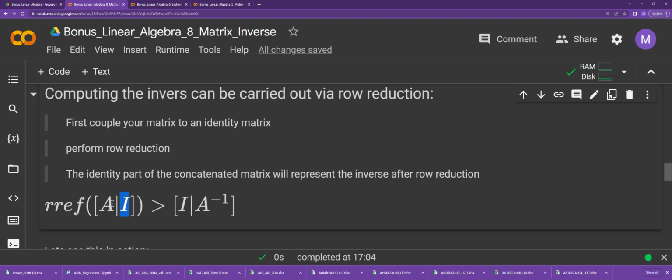Let's say you concatenate A with I, identity matrix of the same dimension, and then you perform the reduced row echelon process on it. Then you would get a new matrix, in which the section that was associated with A would be the identity matrix, and the section which previously was the I, the 1, 1, 1, would be the A inverse. That's how it's done manually.